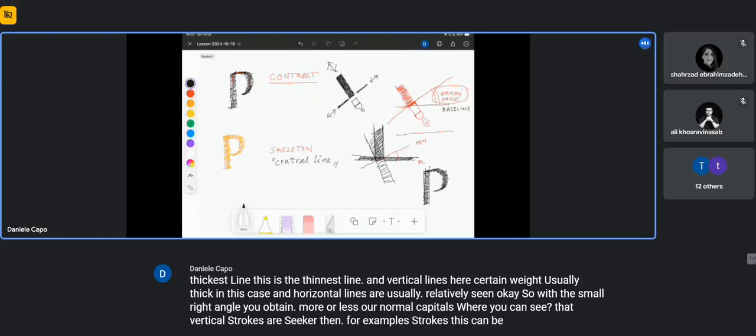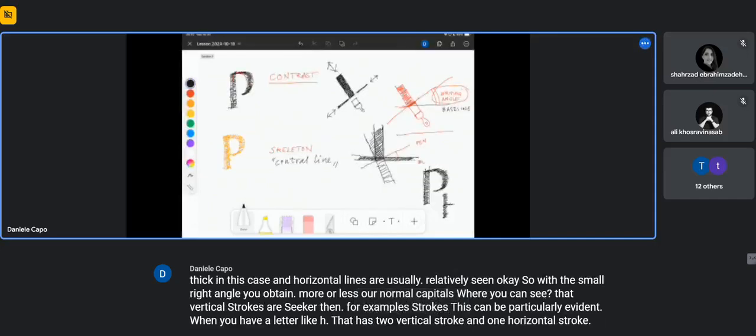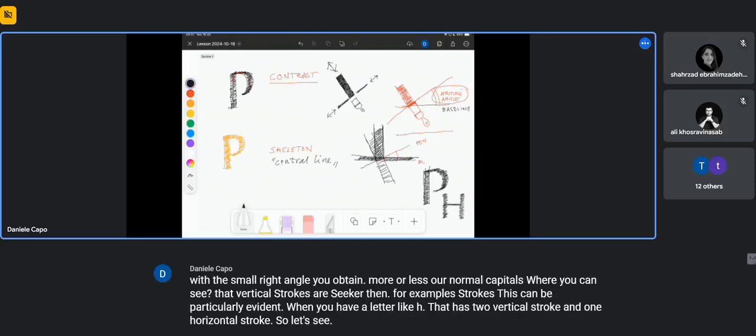This can be particularly evident when you have a letter like H that has two vertical strokes and one horizontal stroke. So let's see. This one is our letter achieved with a small writing angle.